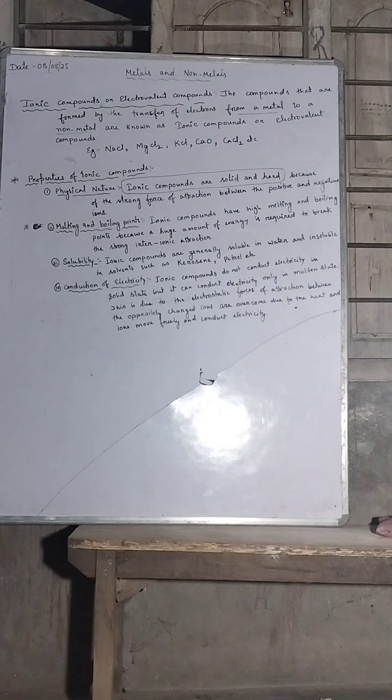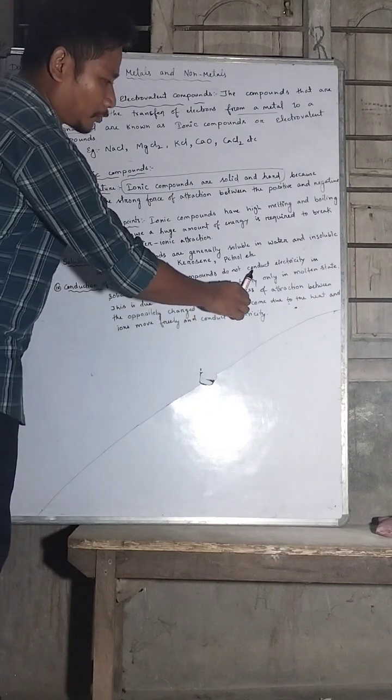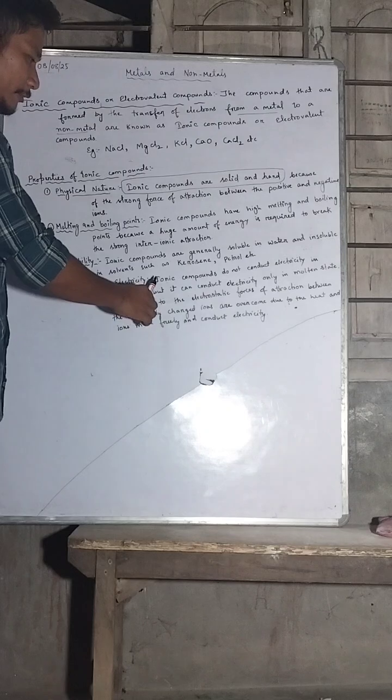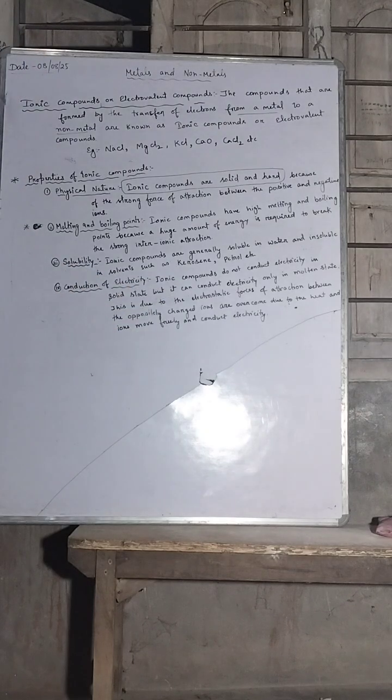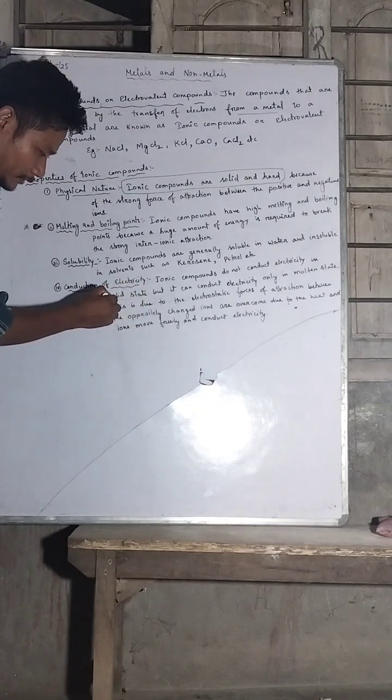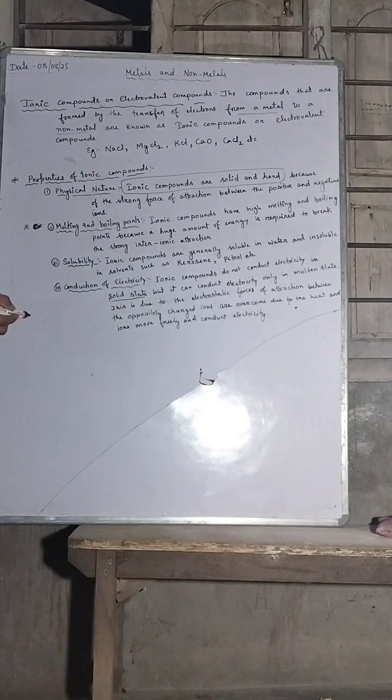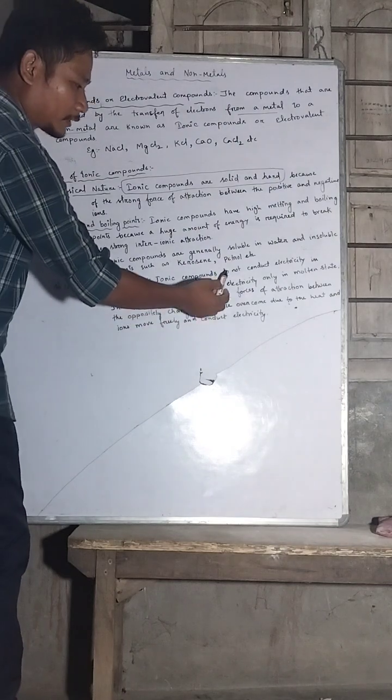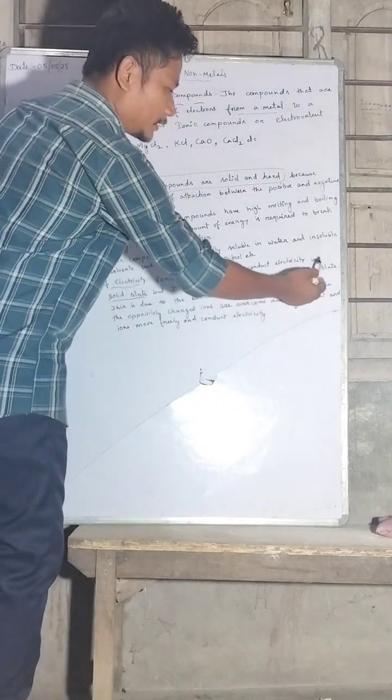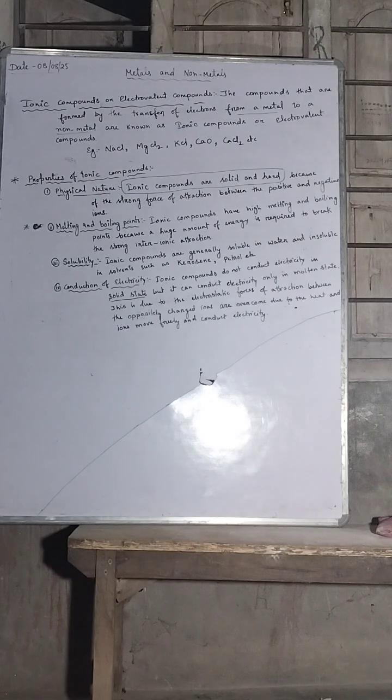Now, conduction of electricity. If we talk about whether ionic compounds can conduct electricity or not, here it is given. Ionic compounds do not conduct electricity in the solid state. This point you should remember. They can conduct electricity only in the molten state.